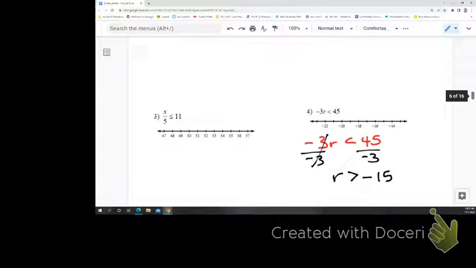Now, occasionally someone will ask me, but I don't see negative 15. Well, negative 15 is just this unmarked line between negative 14 and negative 16. So it's to the left of negative 14. Right there between those two, and then our shading would be going to the right.